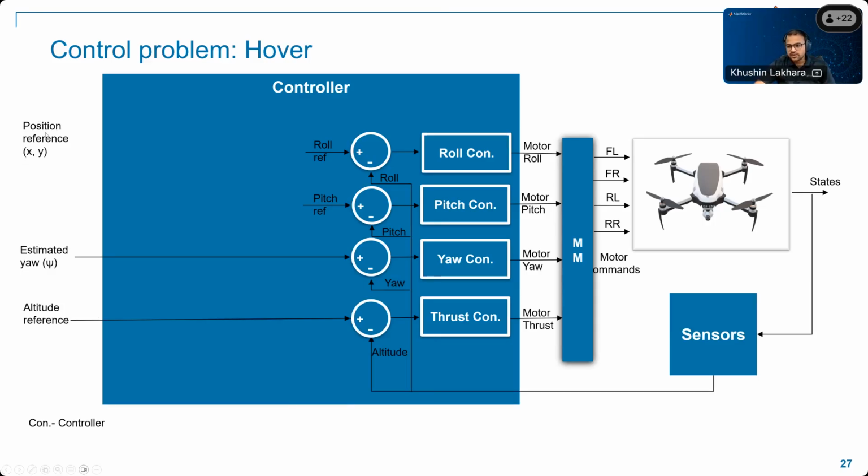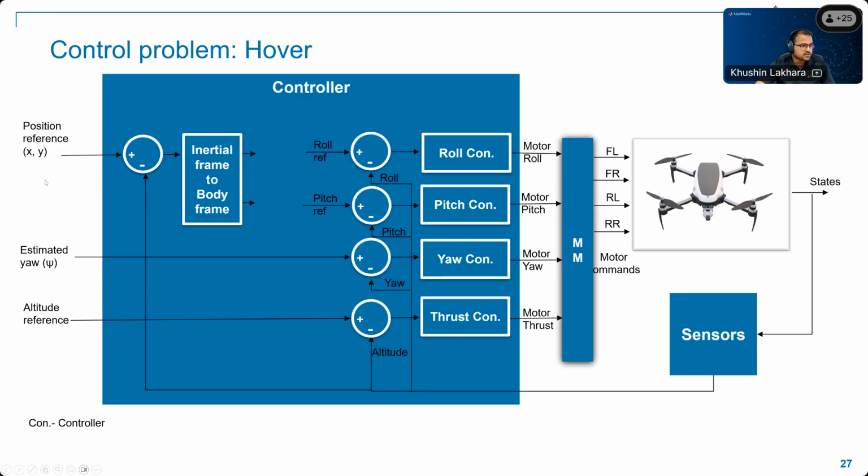It's quite possible that in your environment, in whatever direction you want to move your drone, you always want it to point in that direction. For this purpose, we need to estimate yaw. This estimated yaw is nothing but, moving from one coordinate to another, which side of the drone should be forward. Once your position reference is maintained, from our sensors we can check the current position, and with the reference position, the difference is fed through the inertial frame to the body frame.